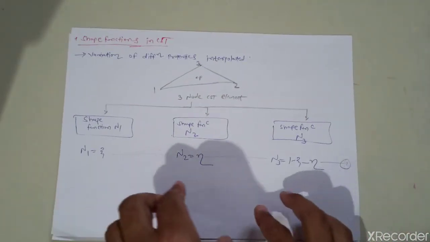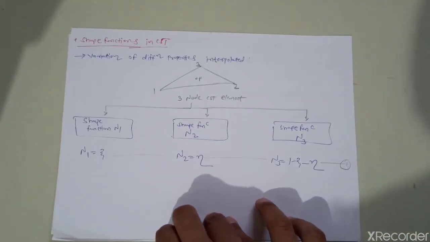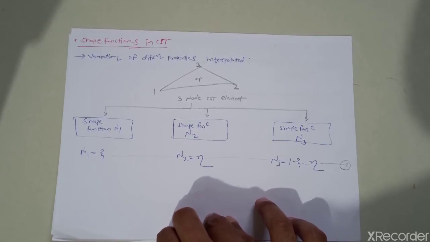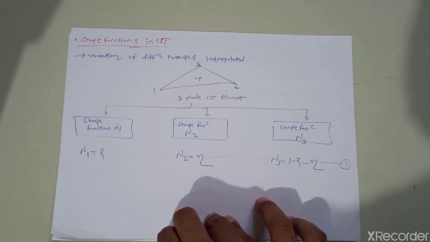Now, shape functions in CST. Shape functions are used to interpolate the different properties which are not linear. So here we use three shape functions.